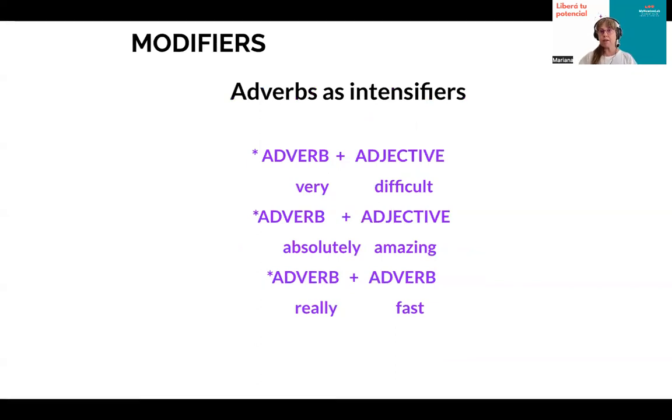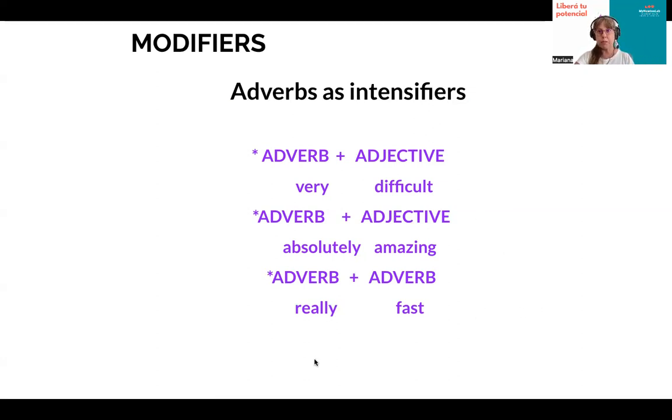Now we can also have modifiers. We could have adverbs modifying adjectives or other adverbs, and that is when they are called intensifiers, because they give more intensity to the meaning of that adjective or adverb.